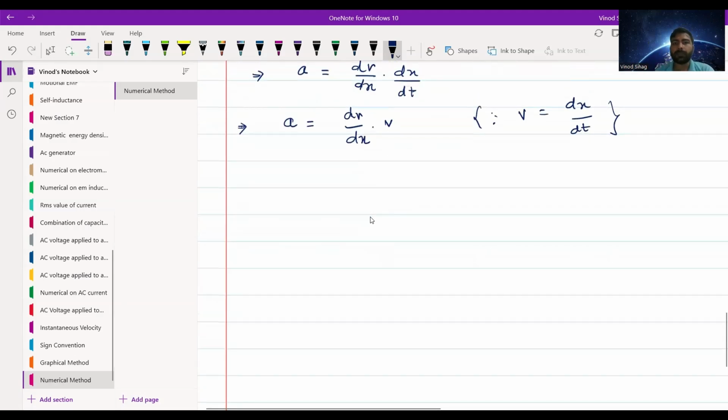Now again rearrange this equation. So finally we will get v times dv equals a times dx. Okay.